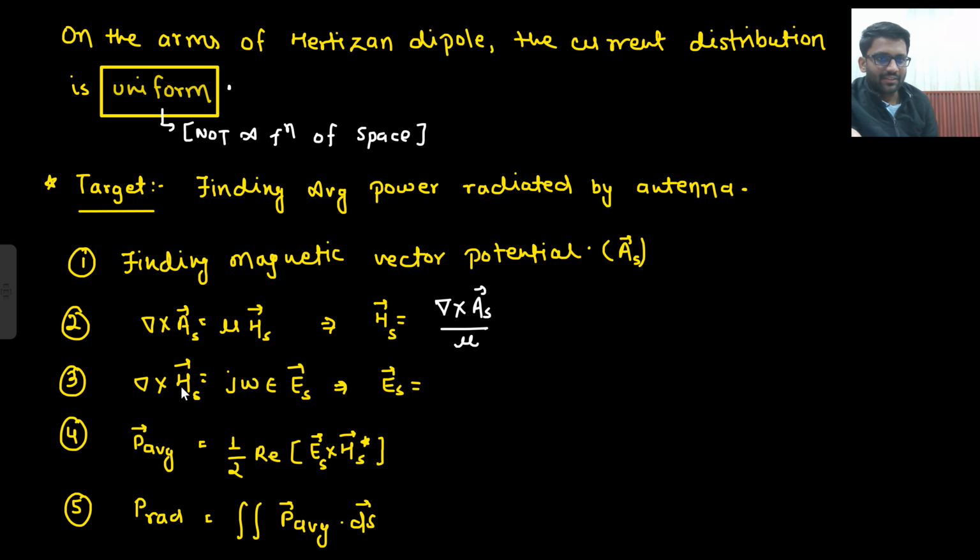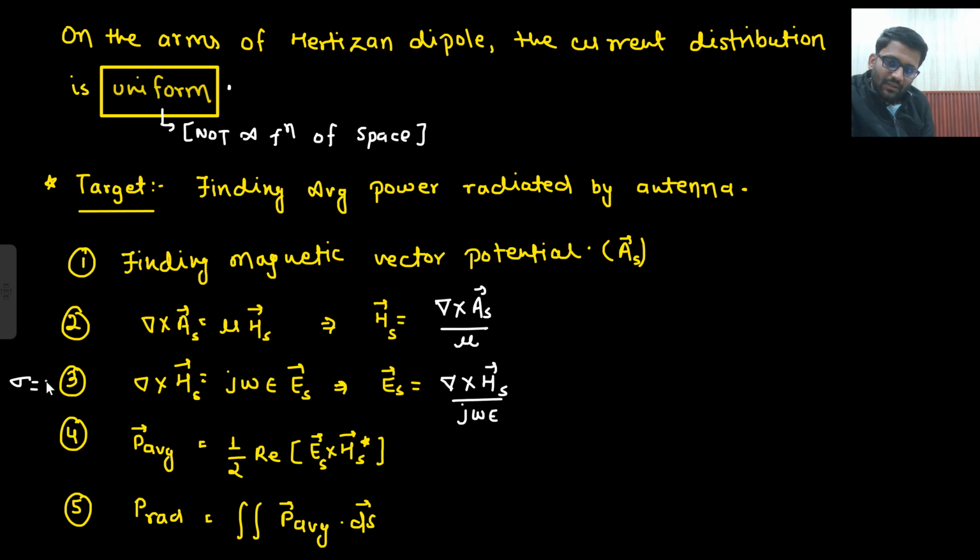And if I have H, can I find out E? Yes, using the Maxwell equation. Del cross H is equal to j omega mu epsilon Es. Do you remember this Maxwell equation? Certainly you remember. So what do you get? Del cross Hs divided by j omega epsilon. What was this equation actually? Do you remember? This was your modified Ampere's law. Here we have considered sigma equal to 0.